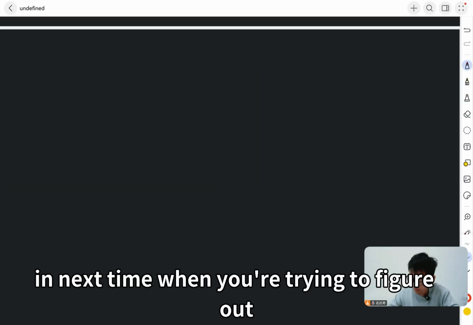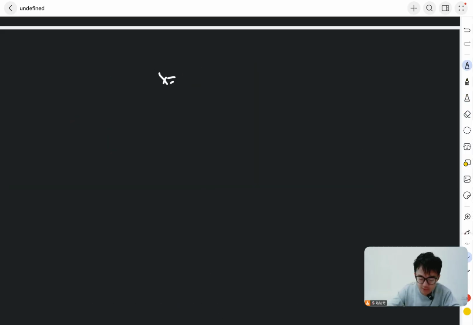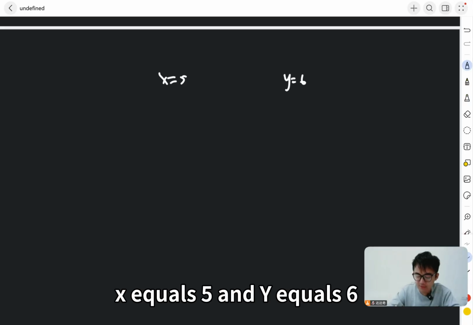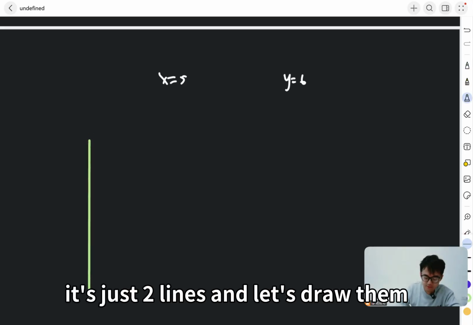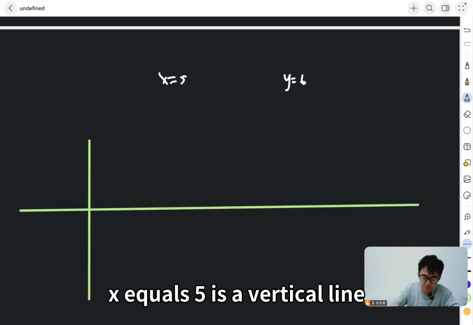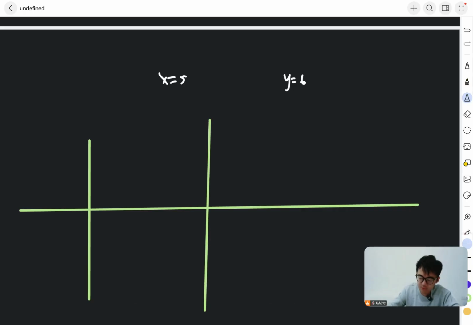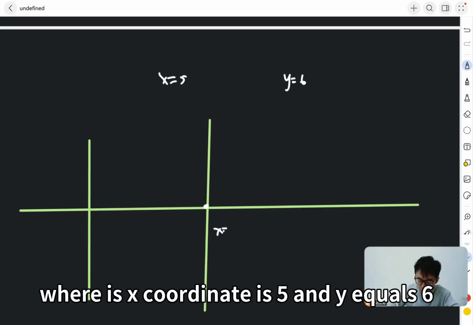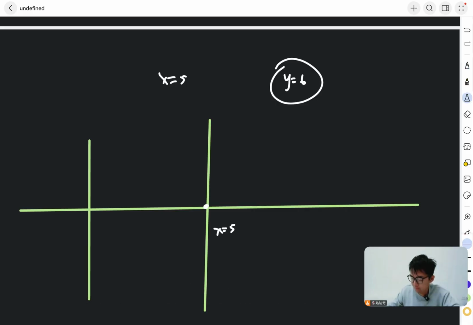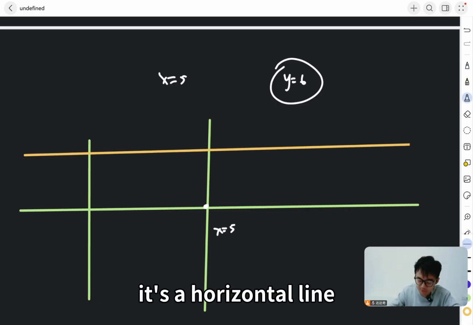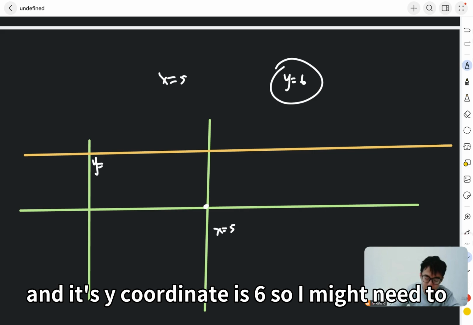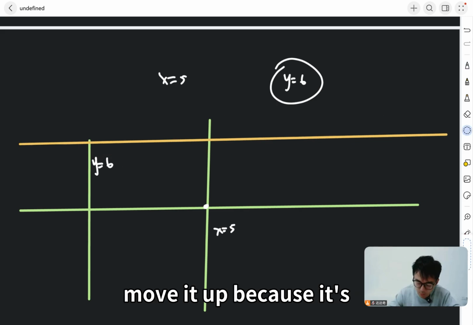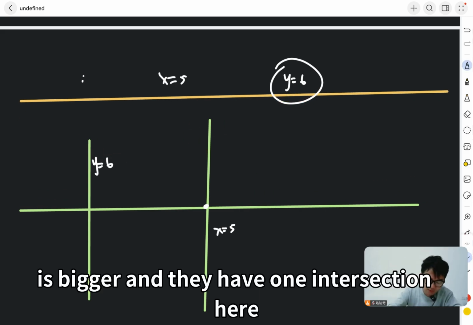And next time when you're trying to figure out x equals 5 and y equals 6, it's just 2 lines, and let's draw them. x equals 5 is a vertical line, where its x coordinate is 5, and y equals 6 is also a horizontal line, and its y coordinate is 6, so I might need to move it up because it's bigger.